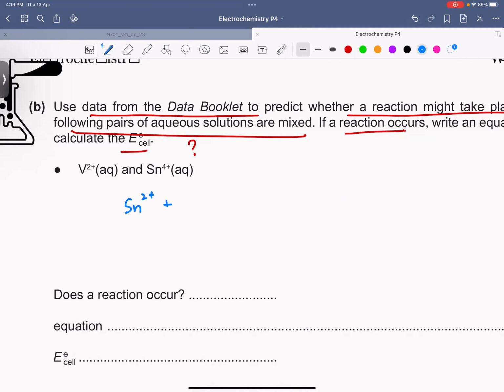Sn4 positive reacts with 2 moles of V2 positive ions, forming Sn2 positive and 2 moles of V3 positive. Right?